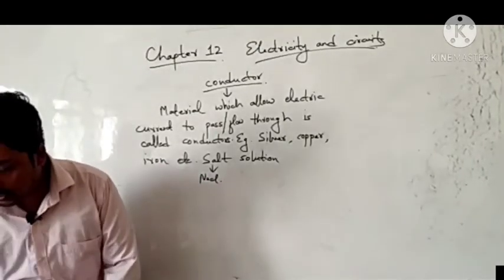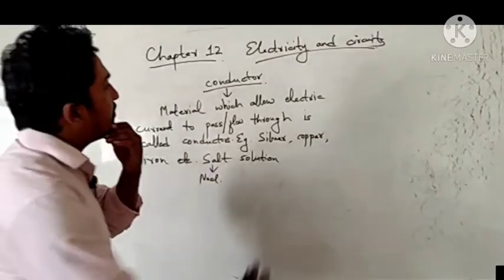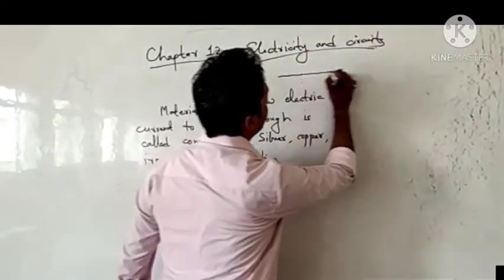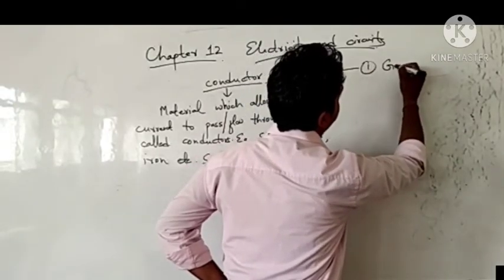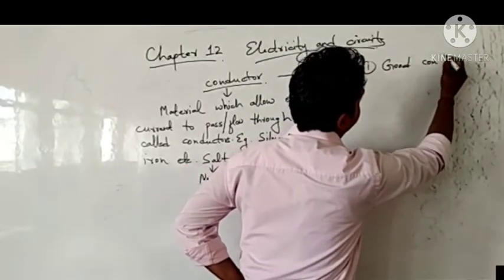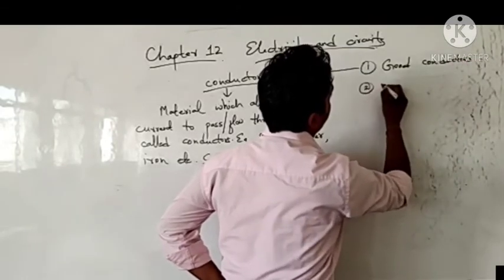So as I was talking about good and bad conductors, basically conductors are of how many types? Two types. Number one, good conductors, and number two, bad conductors.